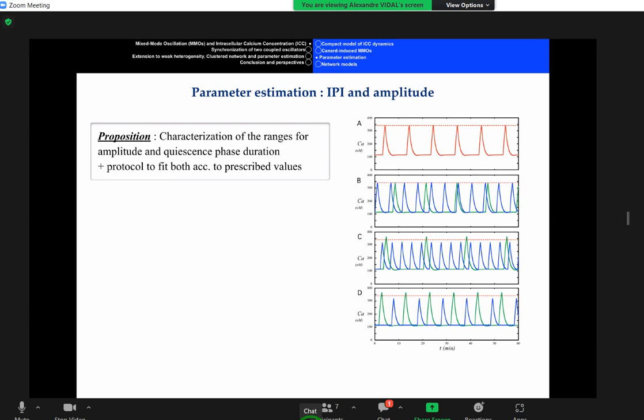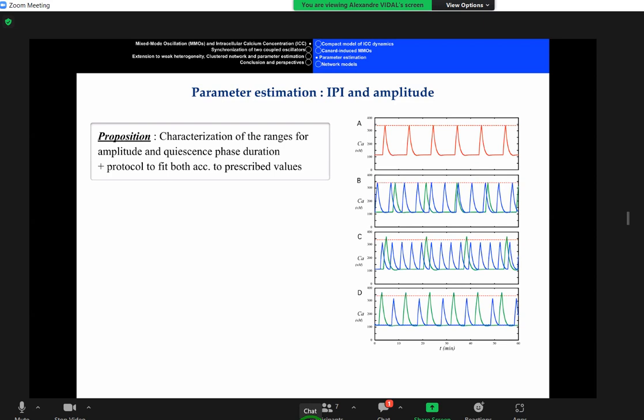We are able to make the quiescent phase greater or shorter, meaning here in case B, we have shorter quiescent phase for the blue line, but we have longer quiescent phase for the green time series. It's the same for the amplitude of the peaks.